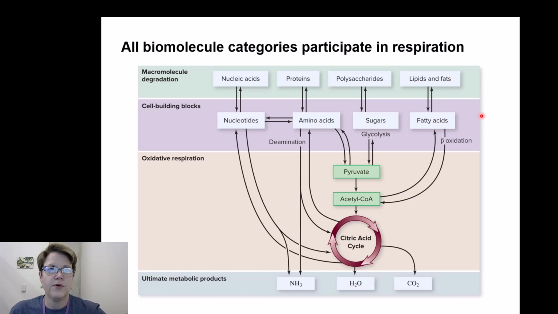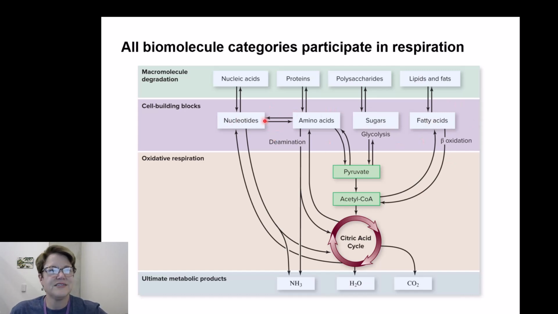So from this point, this is where if the sugar is glucose, it can be immediately used in glycolysis, or it can be converted into one of the molecules of glycolysis. If the amino acids are deaminated, they can be fed into different points of this process, and same with fatty acids. So it's the same as I was just showing you.